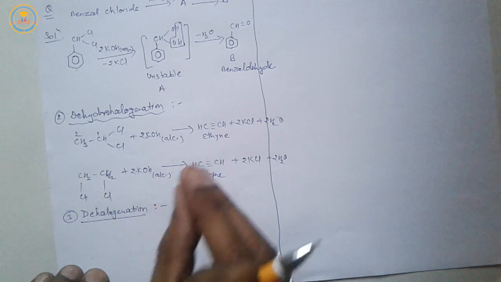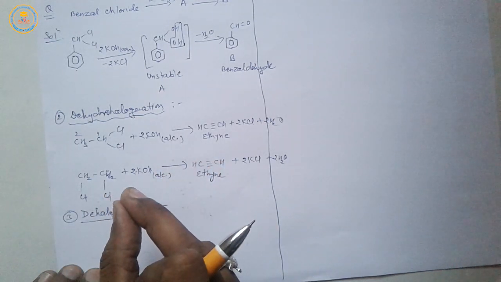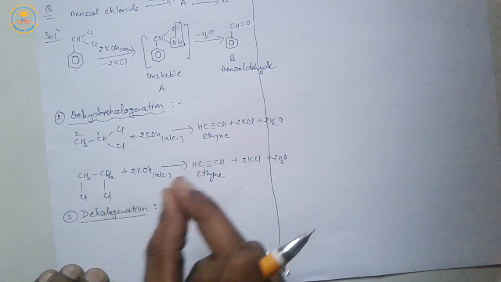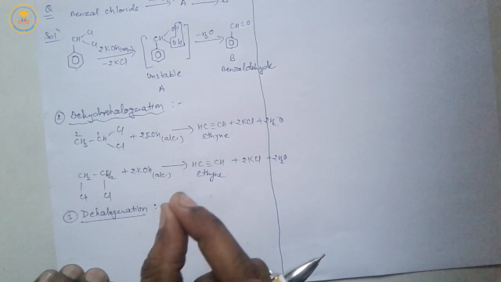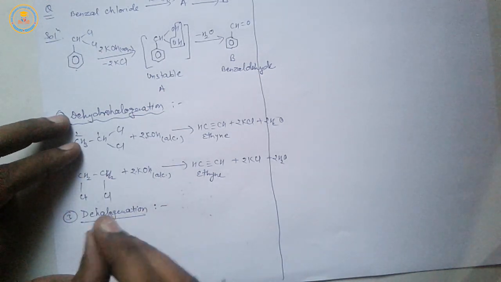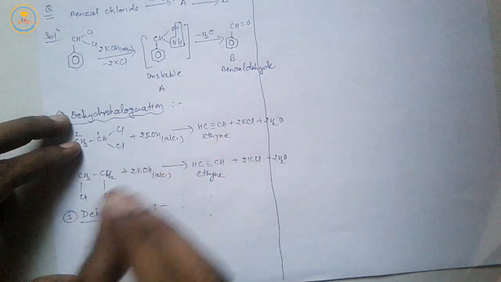When dihalogen derivatives react with zinc, very important. I repeat, when dihalogen derivatives react with zinc metal, then geminal dihalide gives a double-carbon containing alkene, very important.